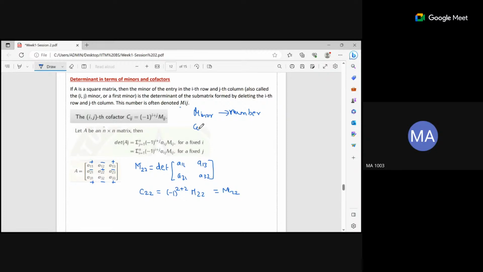So what is this cofactor matrix? It has the entries C11, C12 and so on up to Cnn. This cofactor matrix is useful when calculating your A inverse. I guess many of you are familiar with the calculation of A inverse using this cofactor matrix.